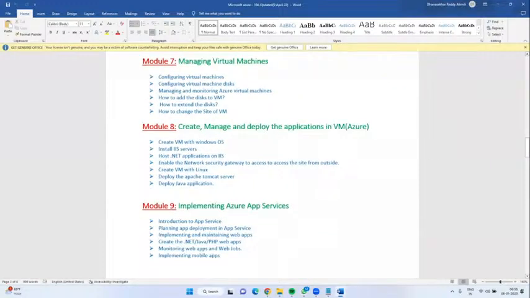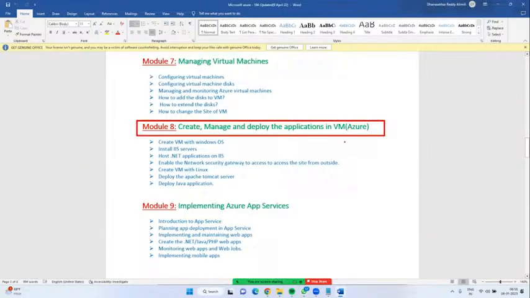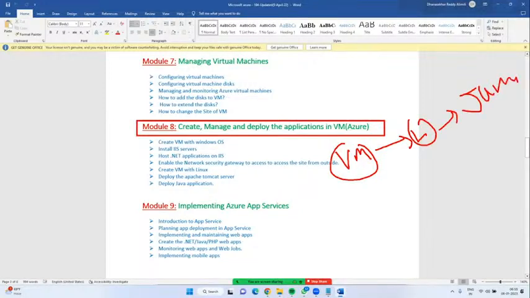Module 8, I will show you how to create the VM with the Linux operating system. On top of it, how to host one Java application. You know, right? There are different flavors of Linux. One is Red Hat, second one SUSE, third one Oracle Linux, fourth one Ubuntu.